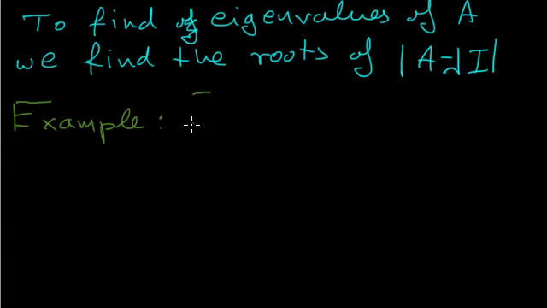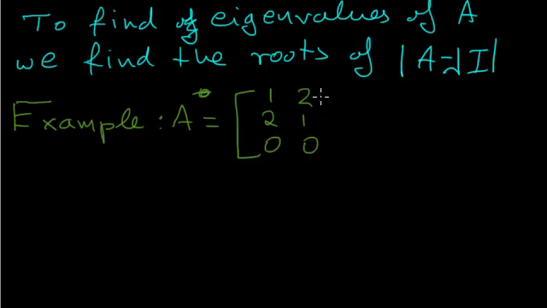So I will take A to be the matrix 1, 2, 0, 2, 1, 0, negative 1, 2, 3.